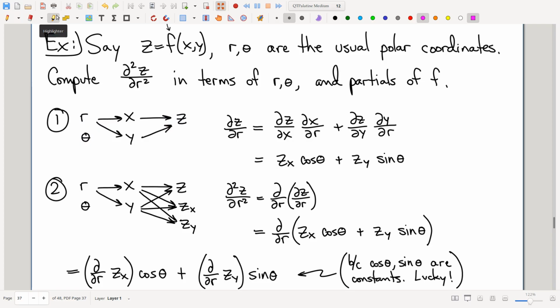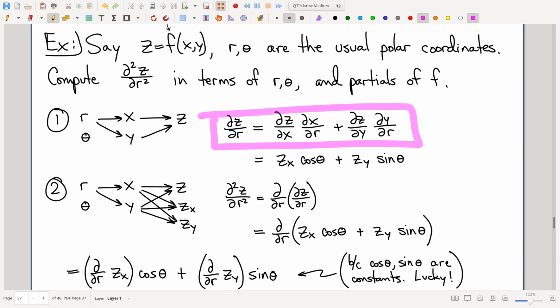First, we've got to take the regular partial of z with respect to r. There's z, there's r, x path, x term, y path, y term. Nothing to it, no big deal.